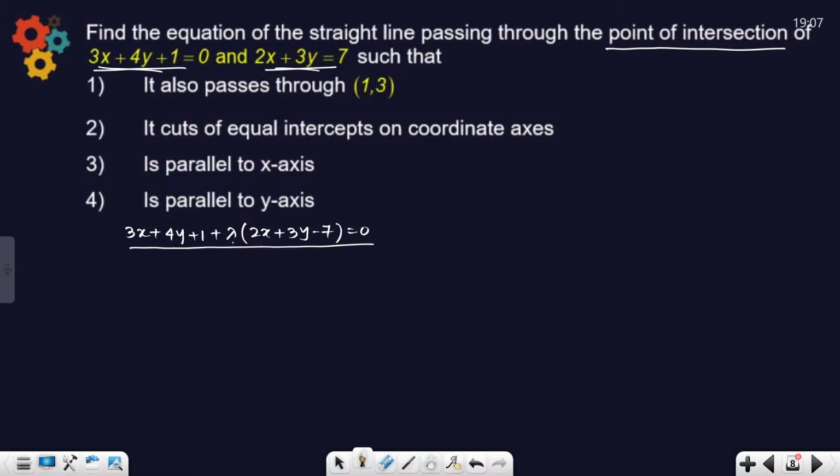Right? Now our task is to find this lambda, and to find it, they have given different conditions. The first part states that it also passes through the point (1, 3). So simply put (1, 3) in this equation. As this line is passing through the point (1, 3), it must satisfy this.